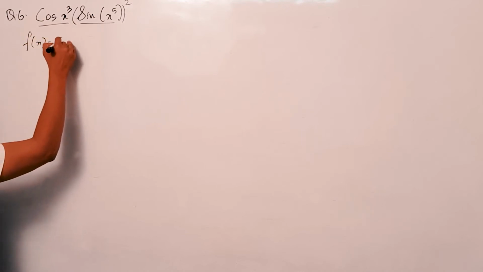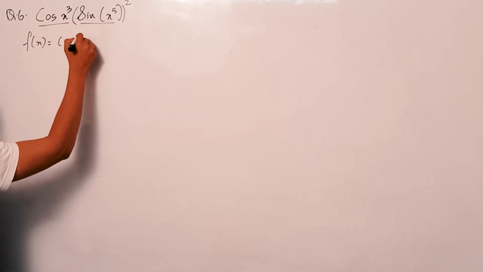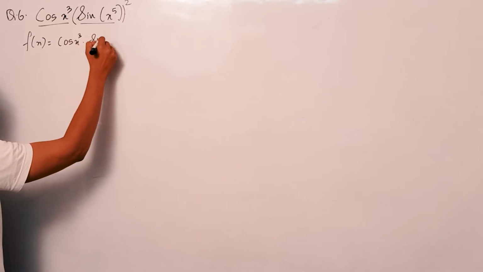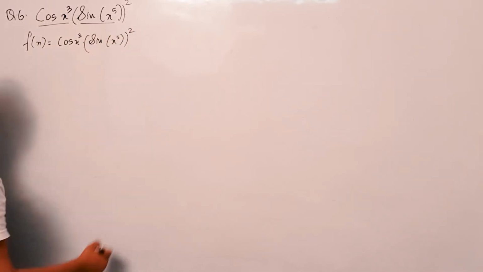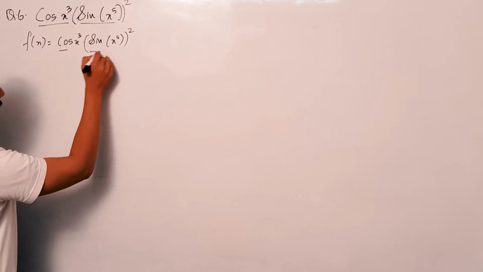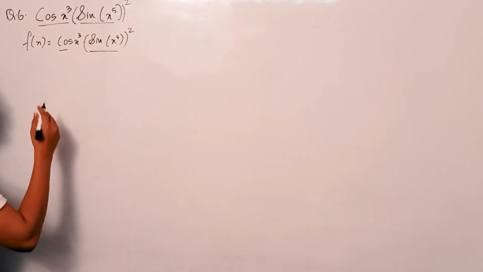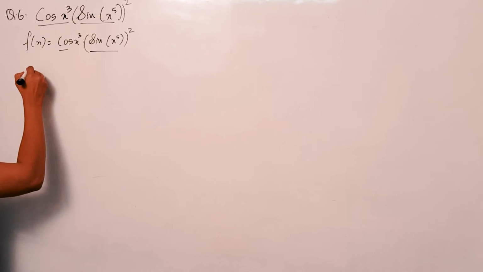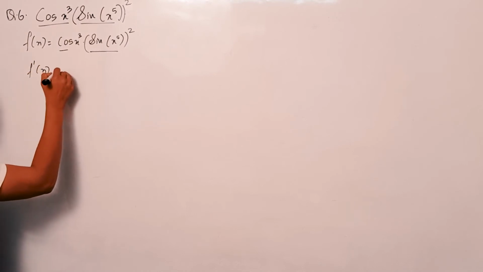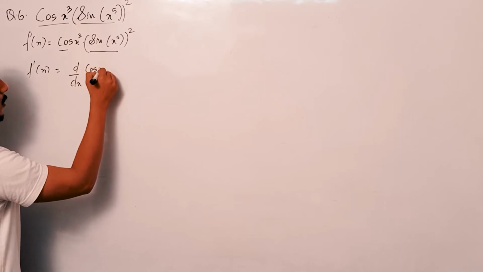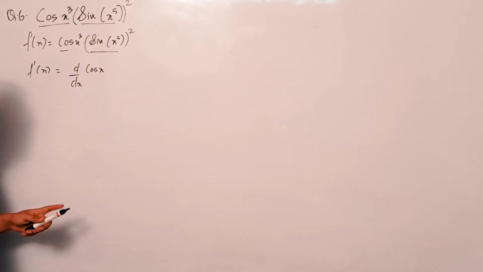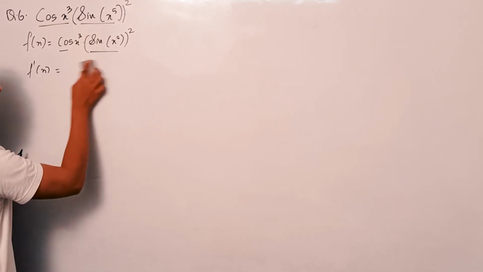F of x is equal to cos x cube sine x raised to 5 the whole square. Okay, so this is first function, this is second function. Alright, so now can we apply the product rule? Yes, we can. I think we don't need to write that. I'll just directly apply the product rule.